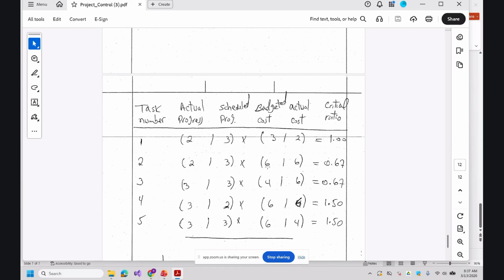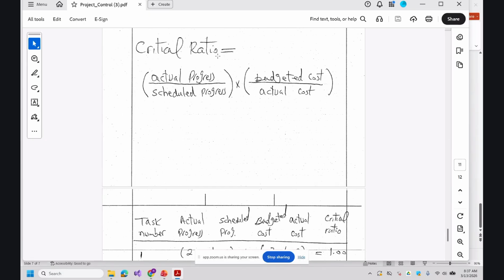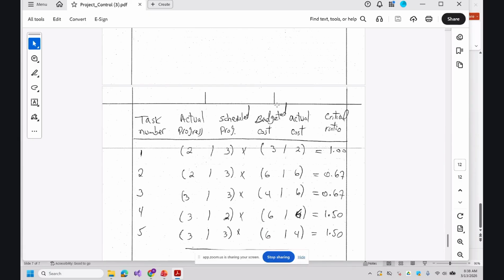So you use this formula, critical ratio: actual progress over scheduled progress times budgeted cost over actual cost. Then you do this computation and come up with your critical ratio in this column: 1, 0.67, 0.67, 1.5, 1.5. If you come around 1, it means there is no issue, no concern.